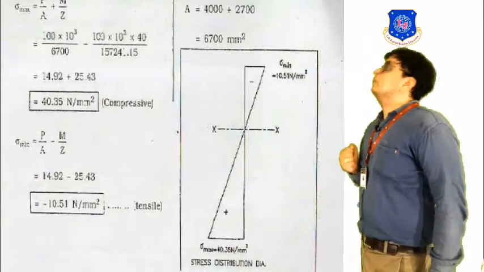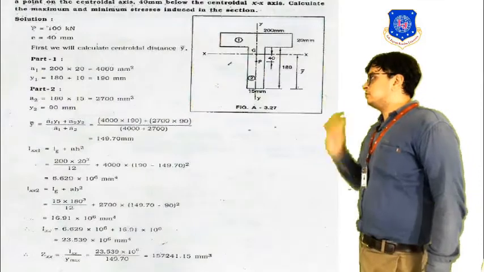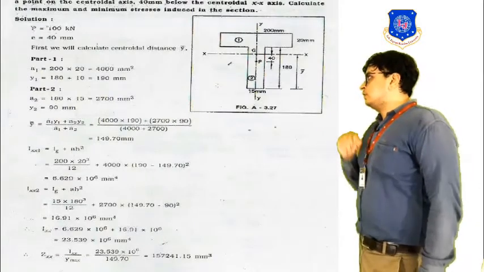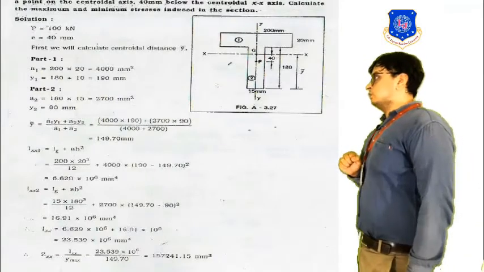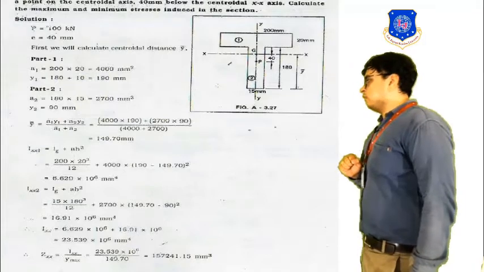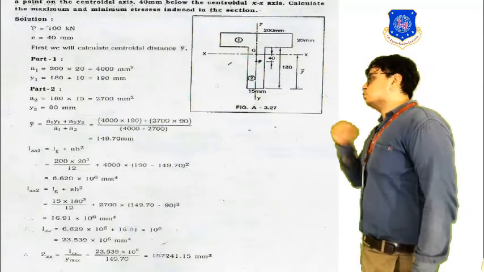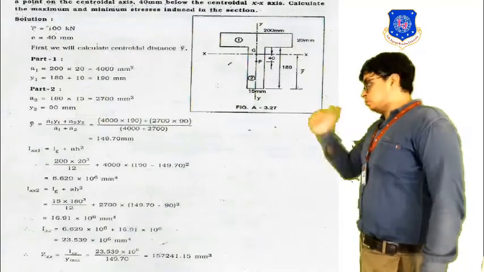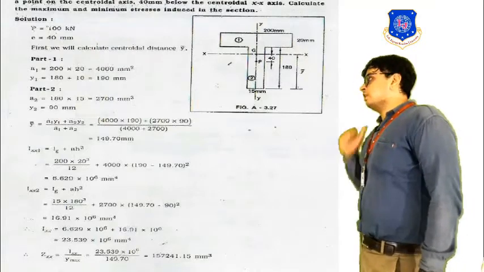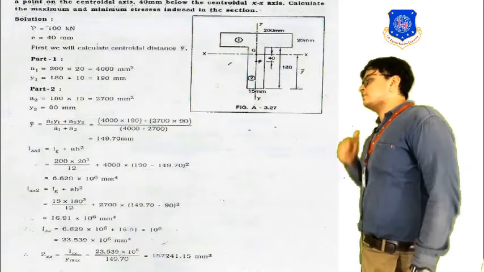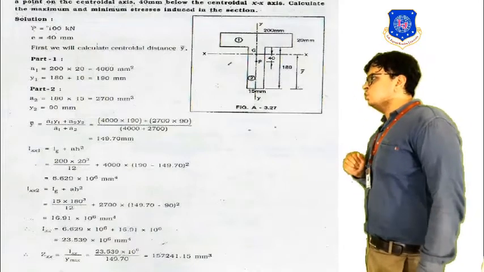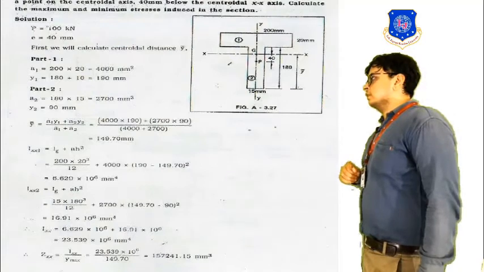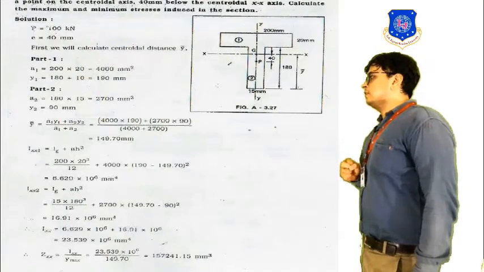6700. How? Let's see. We have these two members. The area of member number 1 is 4000 mm^2, and the area of member 2 is 2700 mm^2. So ultimately the total area will be the summation of both areas, that is A2 plus A1, 4000 plus 2700.